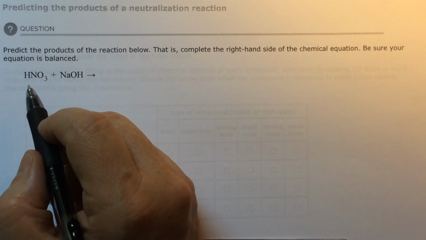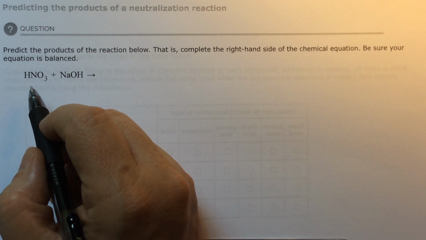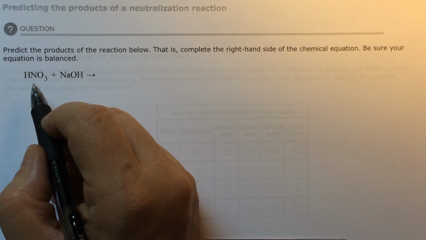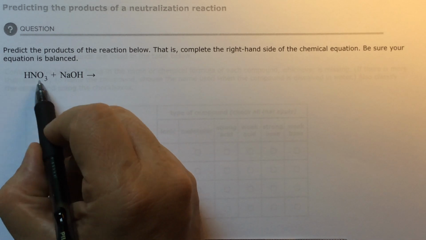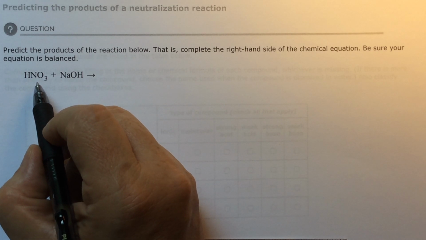There are 6 acids that are called strong acids. Strong acids does not mean that it's more corrosive than other acids. It simply means that if you put it in water, it completely breaks apart into ions. Now, this is not an ionic bond. This is not a salt. Salts always dissolve into ions when you put them in water.